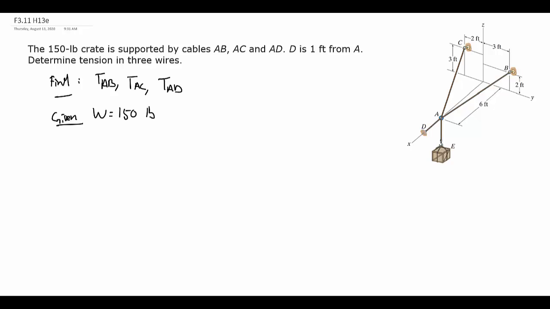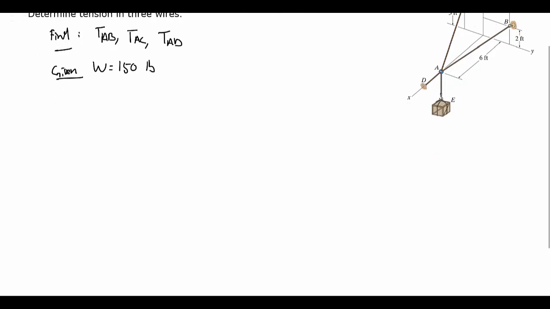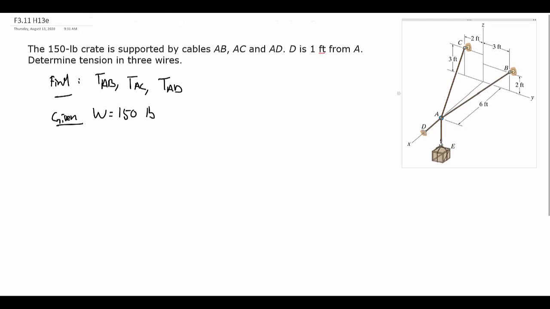Since we're in equilibrium, we are definitely going to need a free body diagram for this. So let's start by drawing our free body diagram. Now we need to establish what is our object or our particle of interest. Well, we want to know what's happening in AB, AC, and AD. Point A is common to all three of them, so point A is going to be a good place to make our particle.